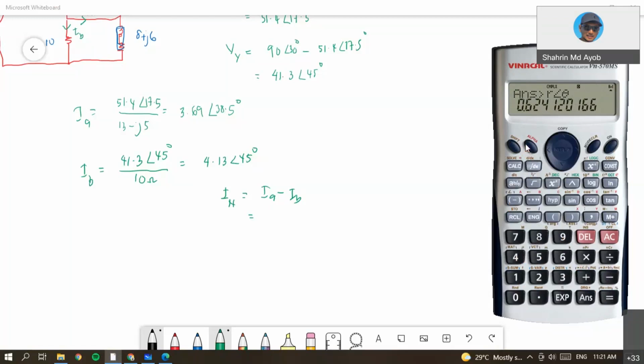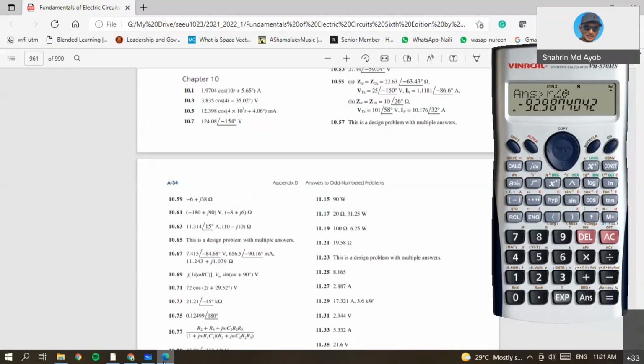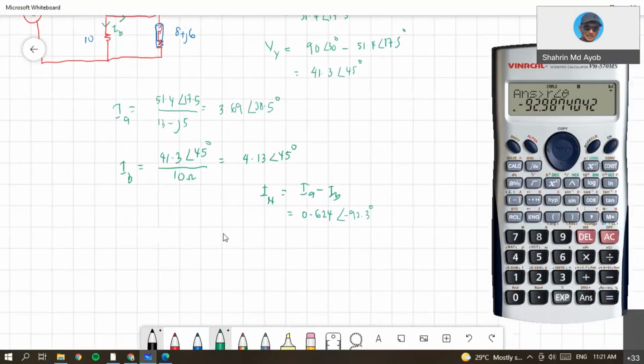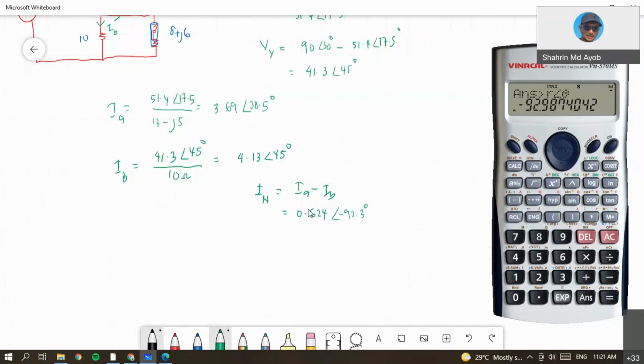Yeah, we get 0.624 with an angle of negative 92.3 degrees. I think which is slightly different. The answer should be 0.656, but I think maybe we do some round up here.